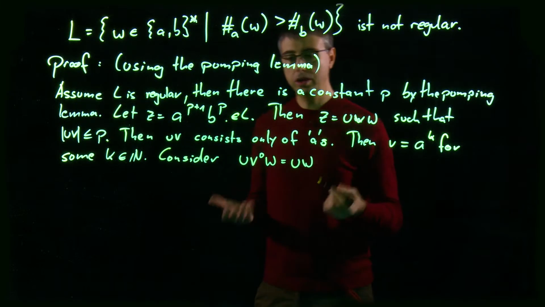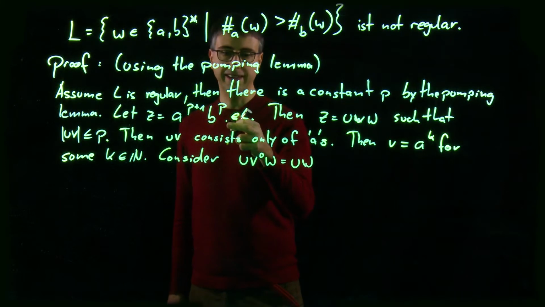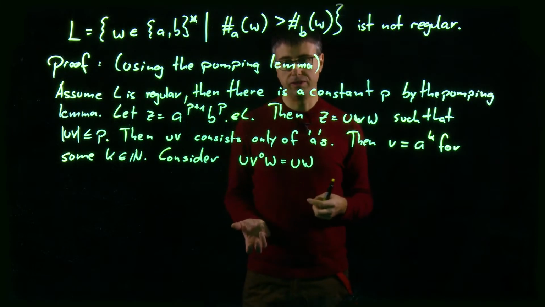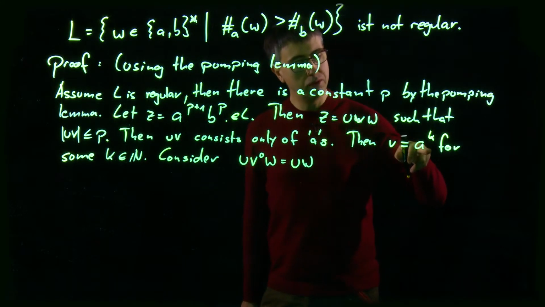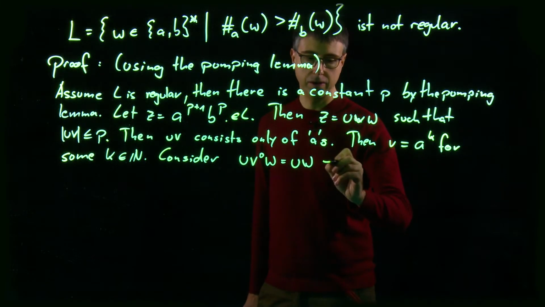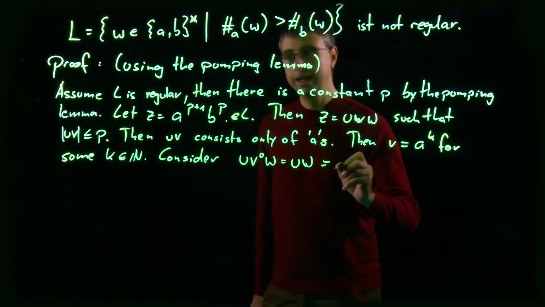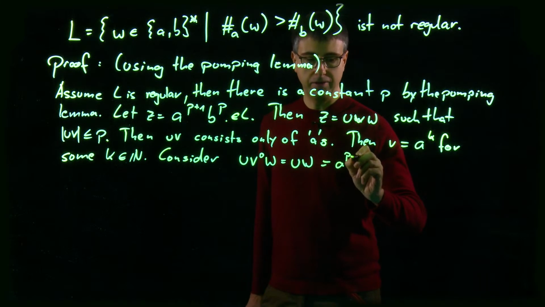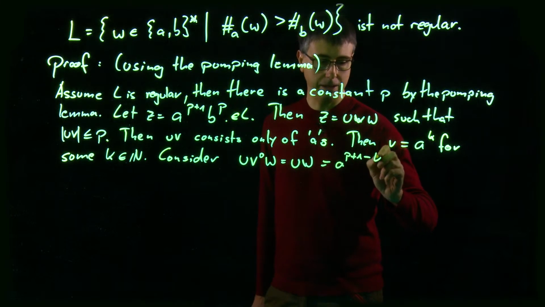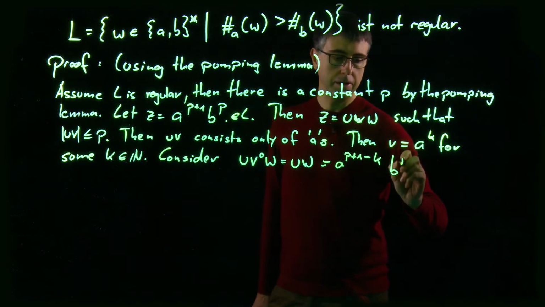UW is the word that you get if you take this word Z and you remove V. So we have removed K A's. The remaining word is A to the power of P plus 1 minus K, B to the power of P.